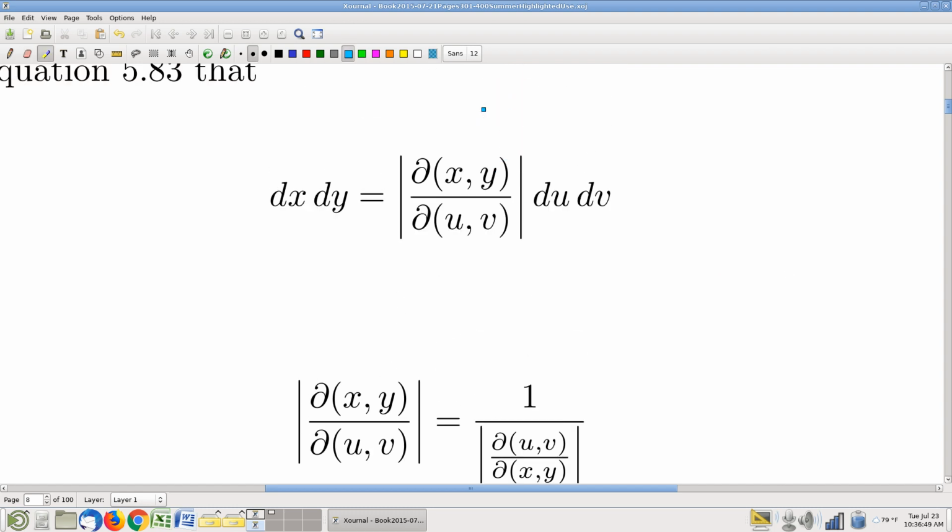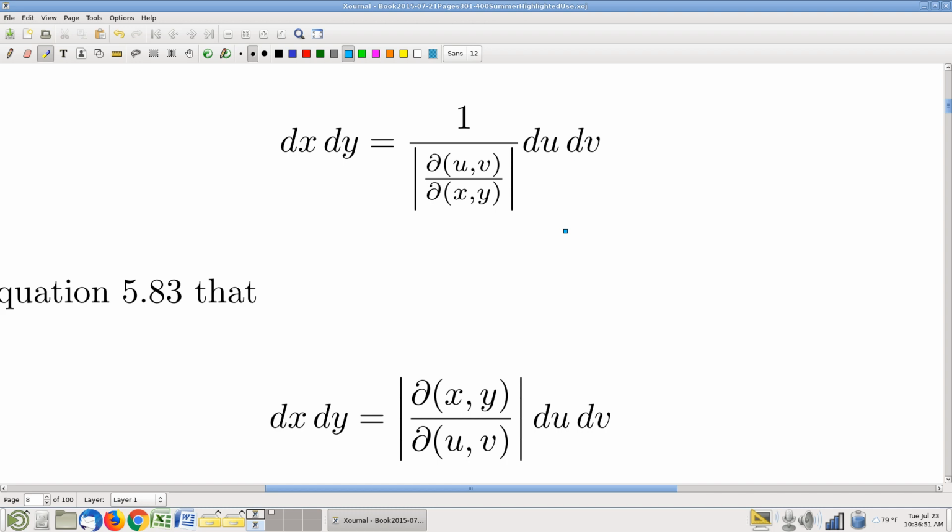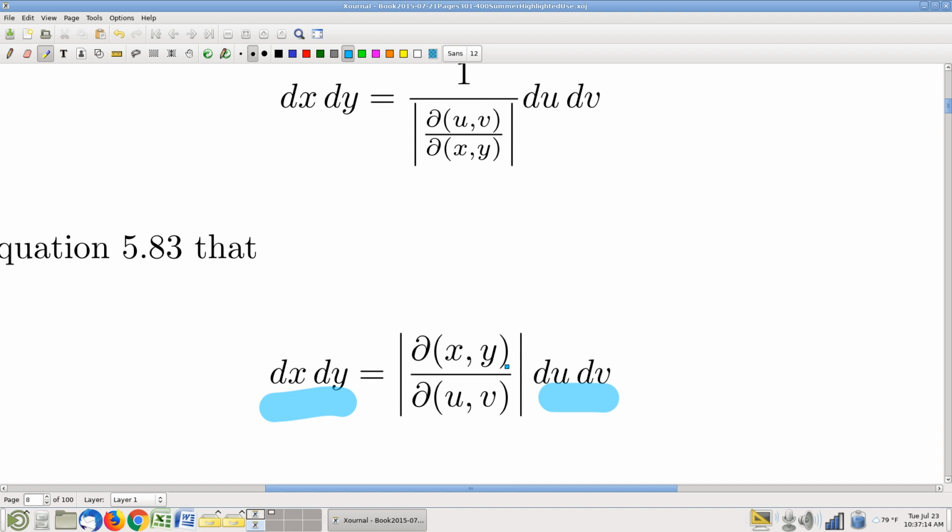Another nice thing about it is it helps you keep track in these instances where you're, oh gosh, my function's going the wrong way. Do I multiply? Do I divide? Which way does it go? So easy to get turned around backwards. This notation will keep track of that for you. If you want to know something that you multiply by du dv to get dx dy, well, it's got to behave like a fraction. So I need that to be the numerator, and I need that to be the denominator.